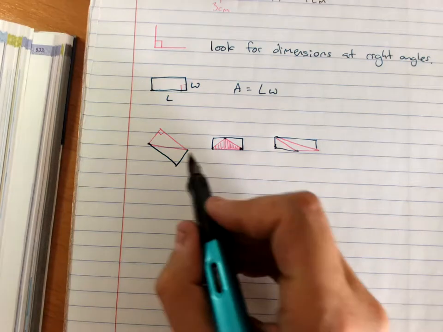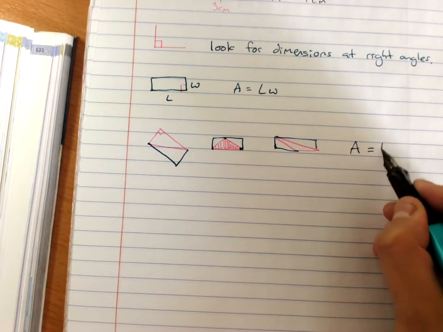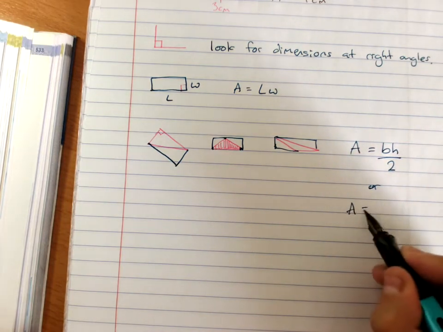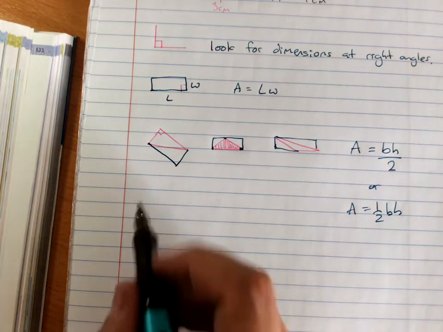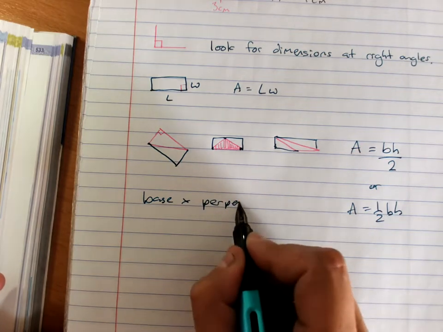It's half. So when I do the area of a triangle, base times height divided by 2, or half base times height, I use the phrase base times perpendicular height.